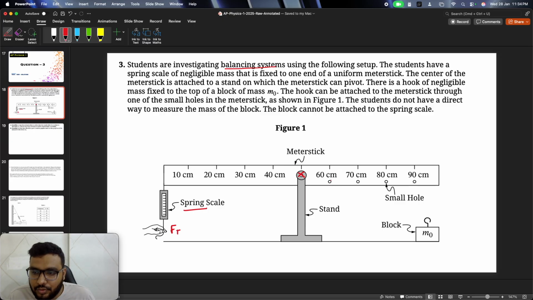There are a few holes at 60, 70, 80 and 90 centimeters, and there is a block with a hook. The students do not have a direct way to measure the mass of the block, so the block cannot be attached to the spring scale, and they cannot directly find the mass of the block m0.